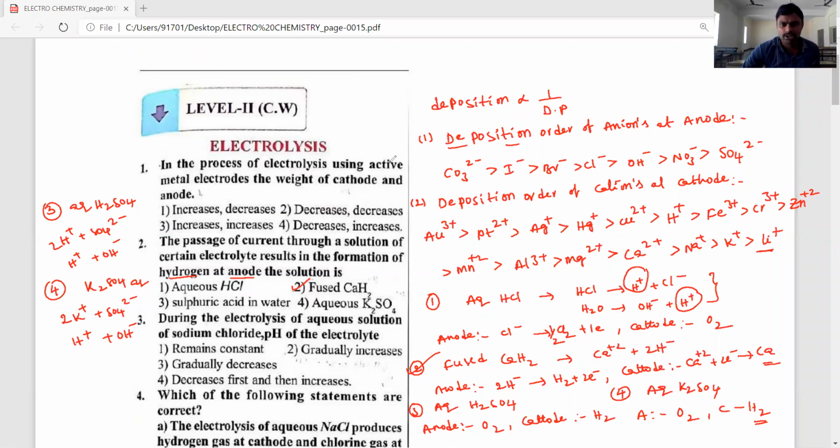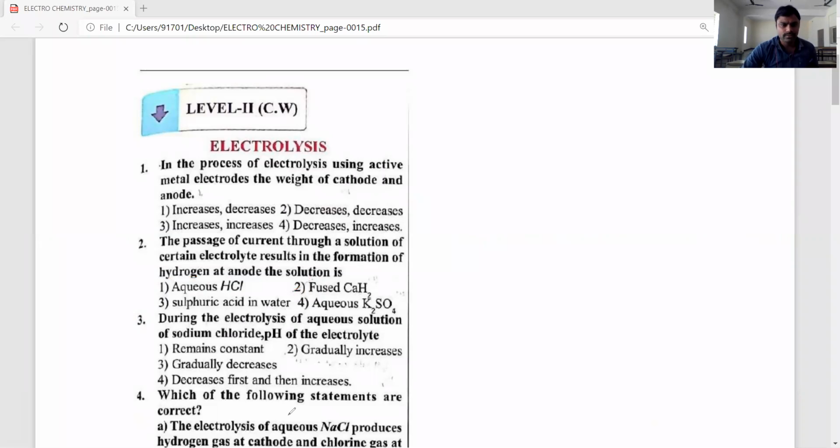Okay, let's go for the third question. During the electrolysis of aqueous sodium chloride, this is very important: on electrolysis of aqueous NaCl, does the pH of the resultant solution increase or decrease? We need to find out. We already discussed all this in regular classes.